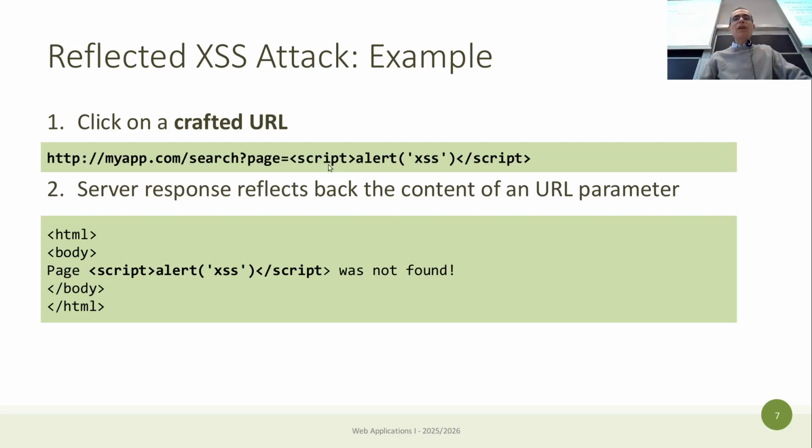But if you are tricked into clicking this link, and so accessing this URL, the issue is that the server should be programmed in a way that it doesn't reflect back all the content that it receives to the user.